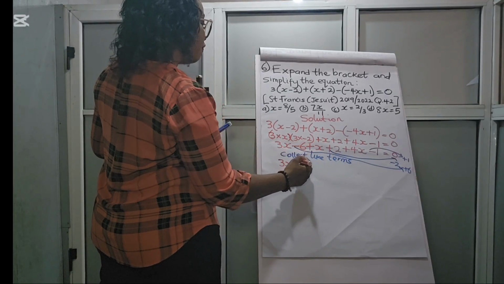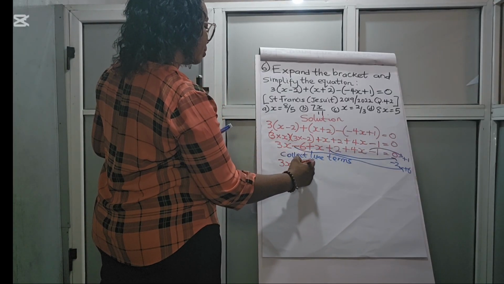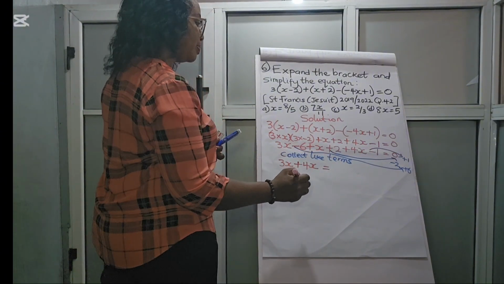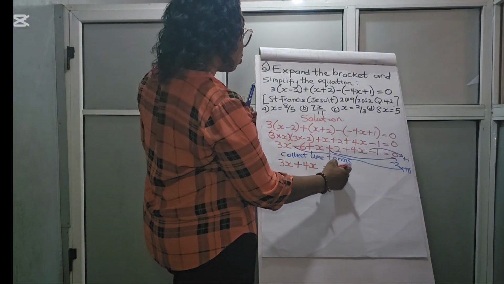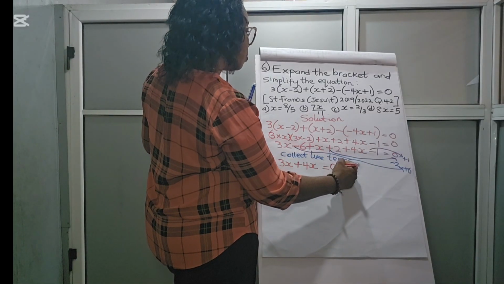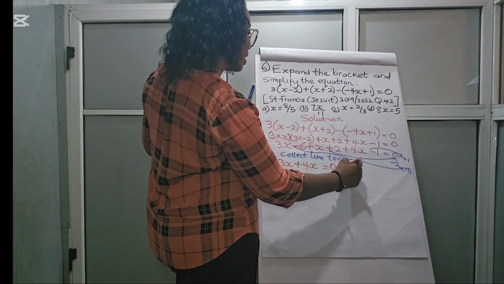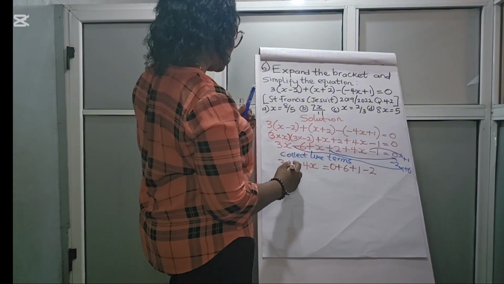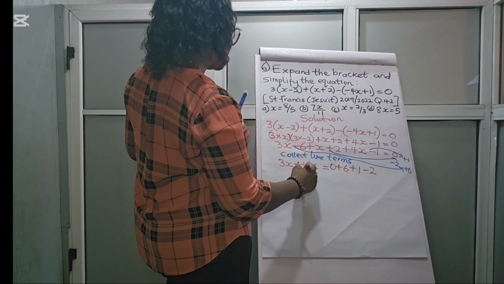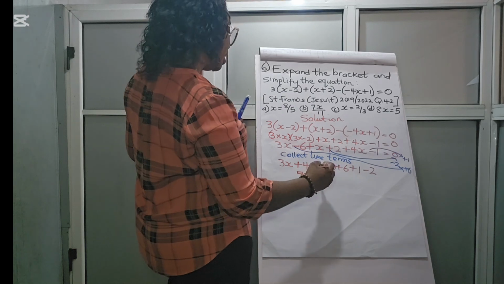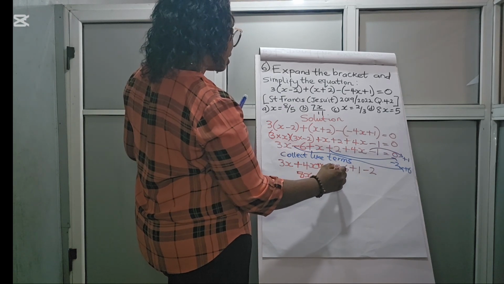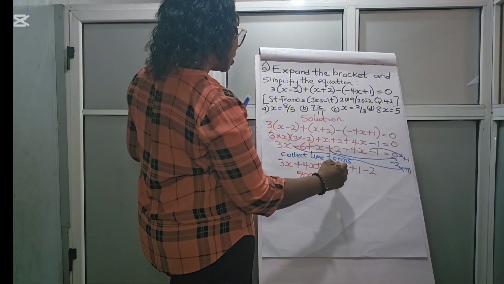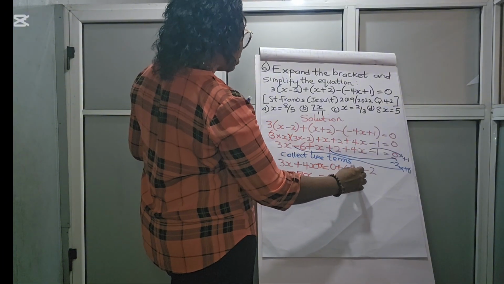So what we have left will be 3x plus 4x equal to 0 plus 6 plus 1 minus 2. So this will be 7x equal to 6 plus 1, which is 7, plus 1 minus 2.